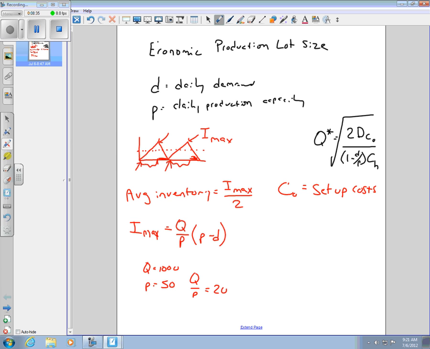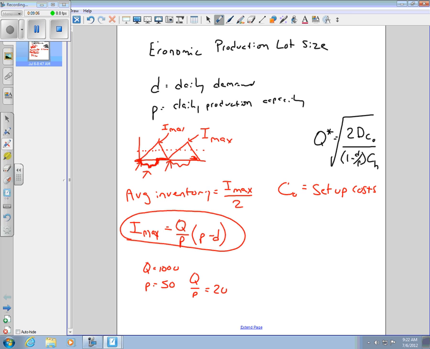So Q over P is this distance from here to here, if you can see back on my little chart, from the beginning to the end where I'm only producing. Each day I'm accumulating P minus D, so that gets me my IMAX: the number of days in the production run times the amount I accumulate each of those days.